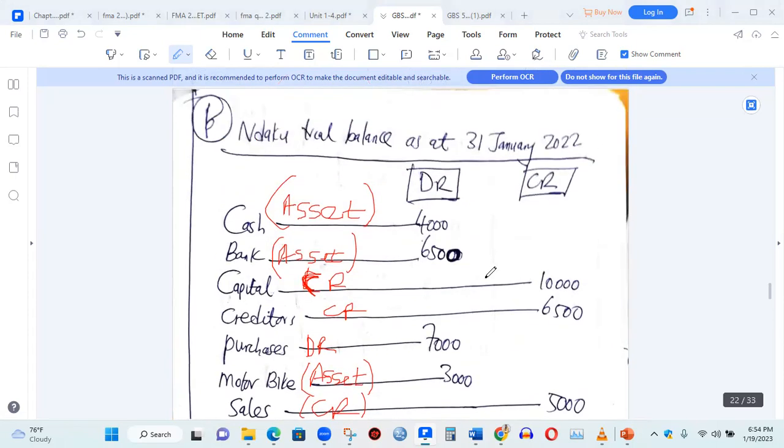Okay, so assets are items that bring economic benefits to a business. When you talk about assets, what are assets in accounting?